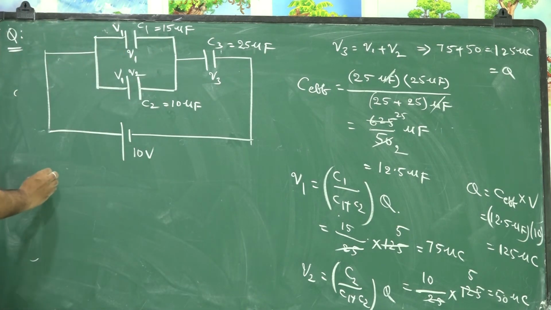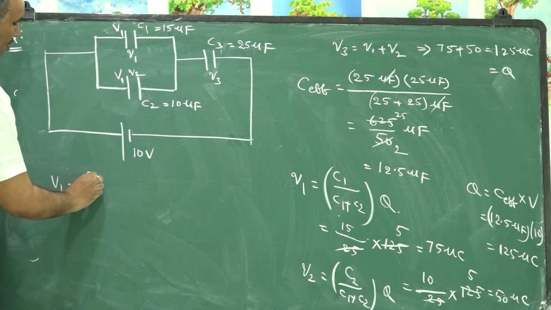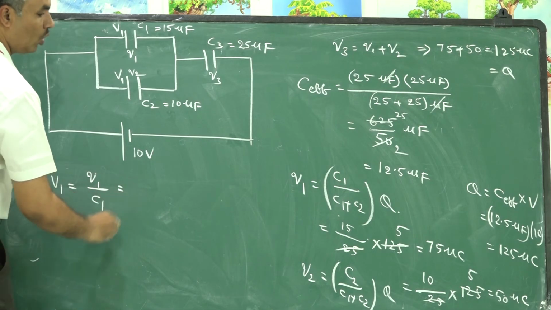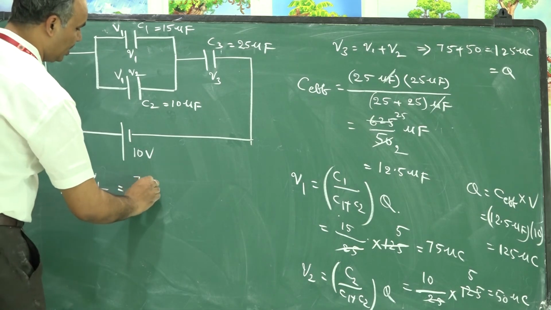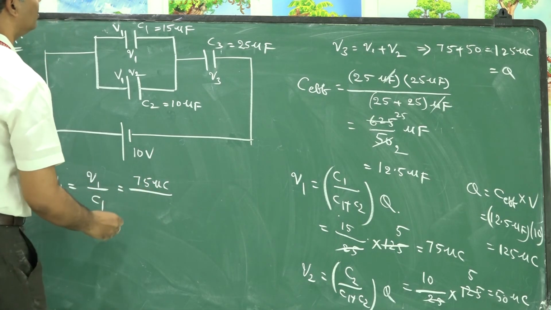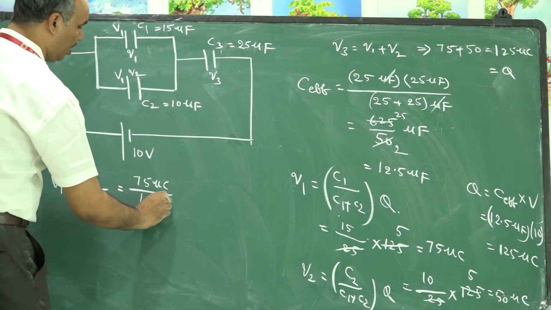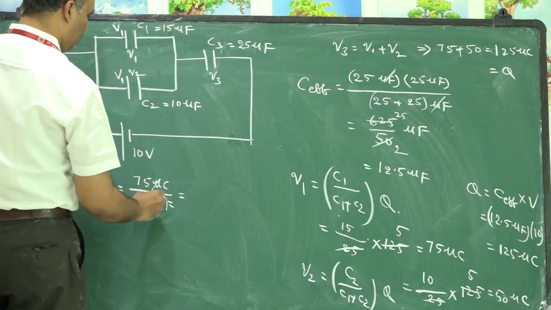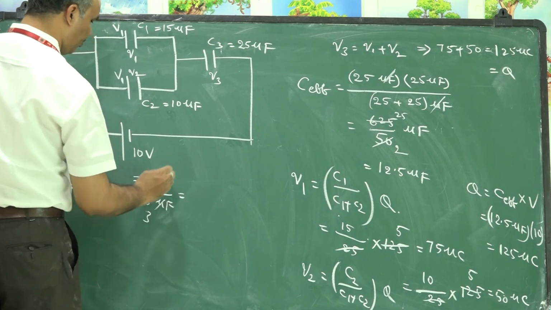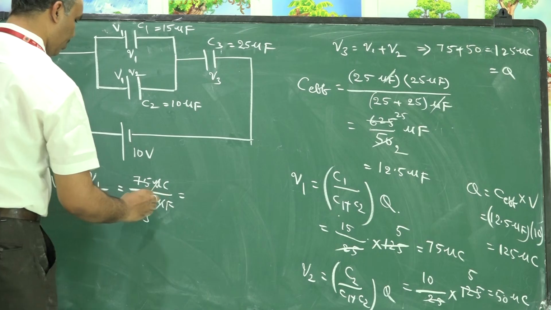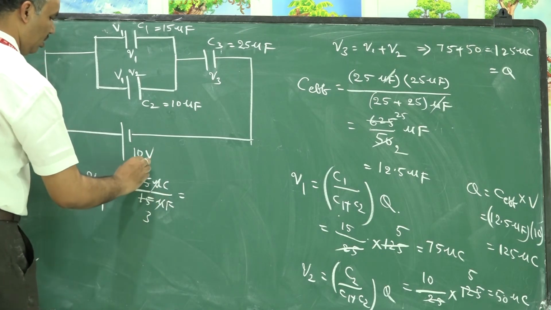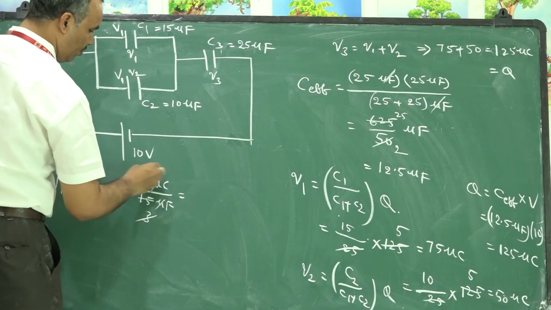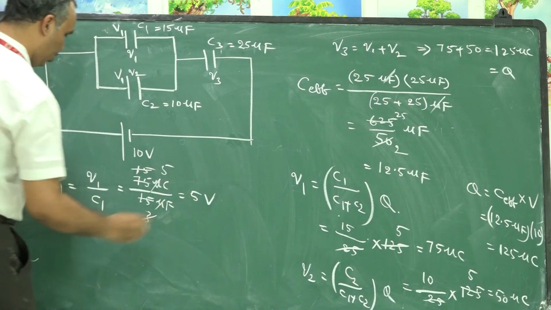Potential difference across the first capacitor is given by Q1 by C1. Q1 we calculated as 75 microcoulomb by C1 is 15 microfarad. Micro gets cancelled, so it becomes 5 volts.